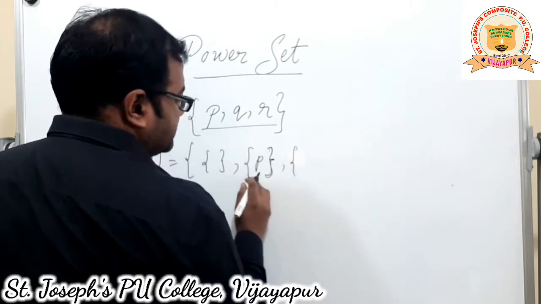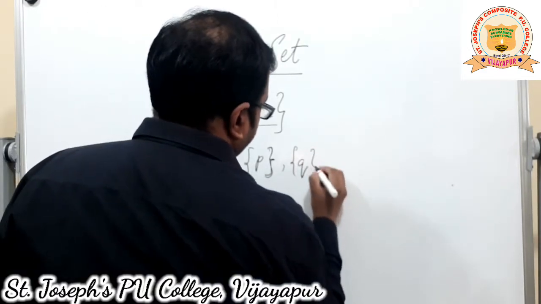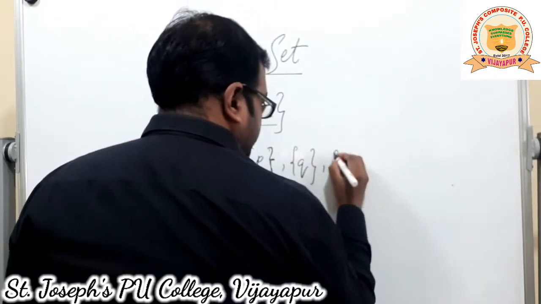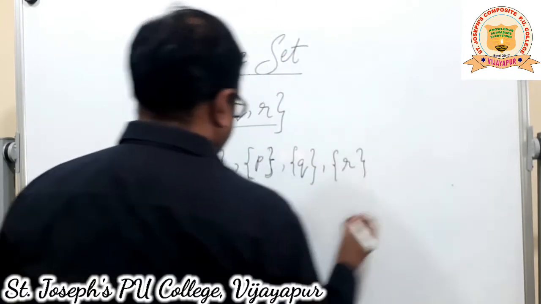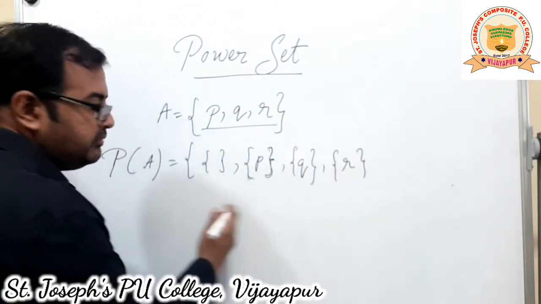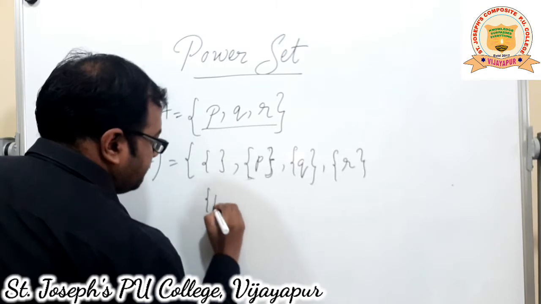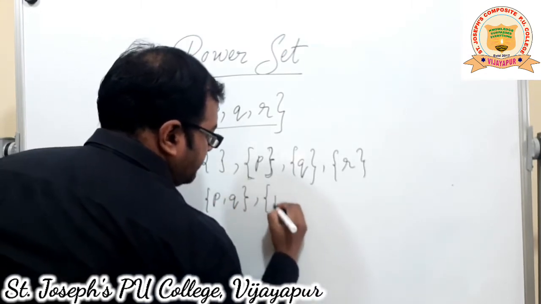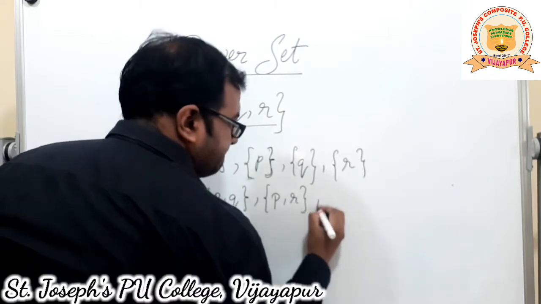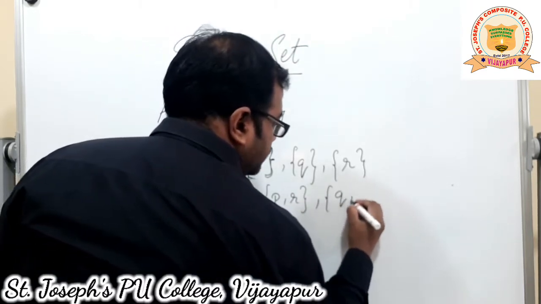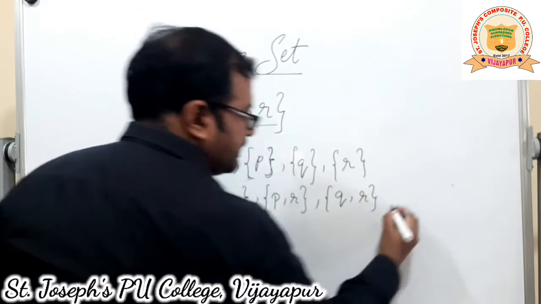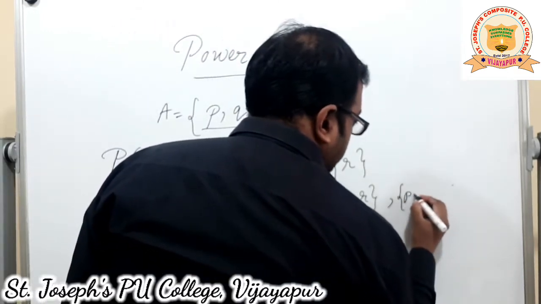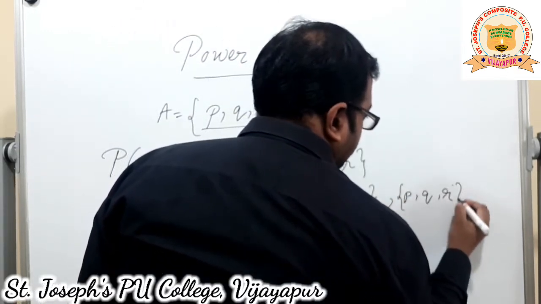Every element is a set. {P}, {Q}, {R}. Then {P, Q}, {P, R}, {Q, R}. Then the last one, {P, Q, R}.